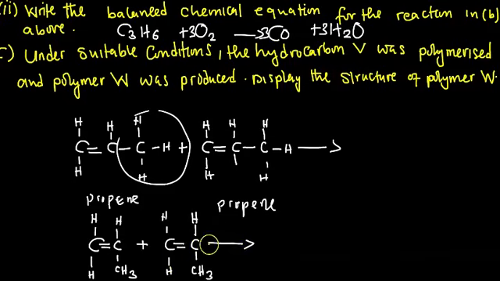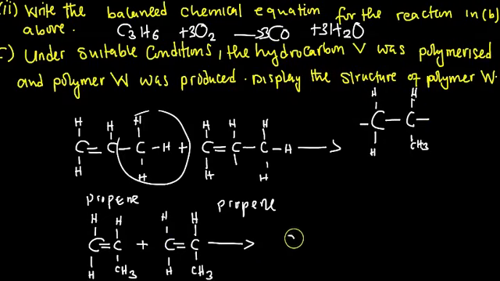So this one is going to break, and it's going to be like this. This one maintains here, this one here, and of course there will be an attachment here. Equally this one is going to break, so it is this part and of course the other part that attaches.